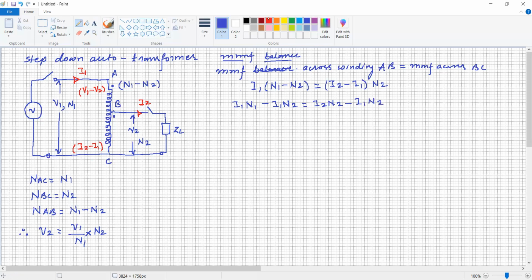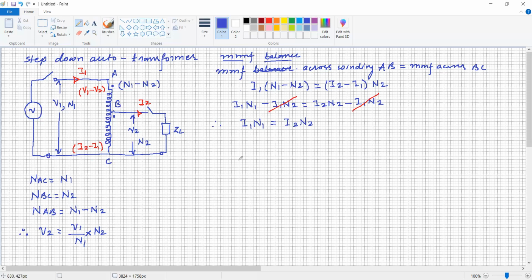So I1 N2 and I1 N2 get cancelled, and therefore the MMF in the primary winding A to B, N1 I1, is equal to N2 I2. So the MMF balance is there in the equation.